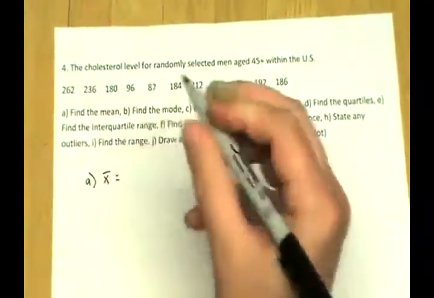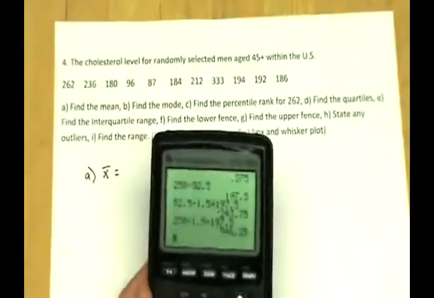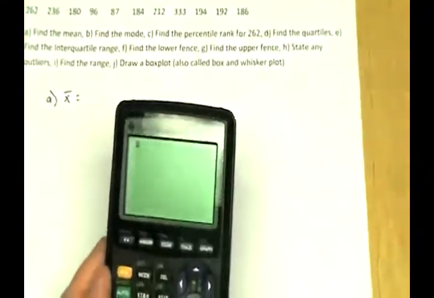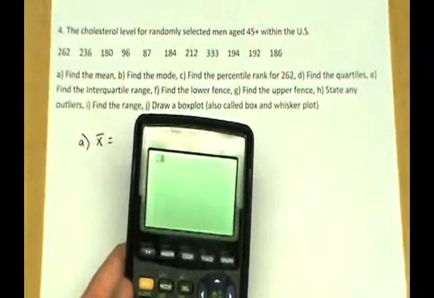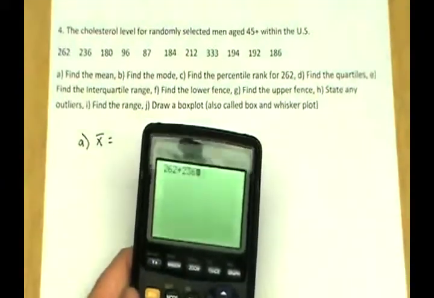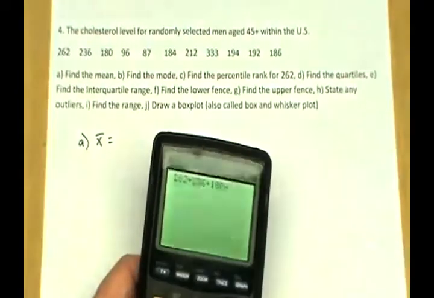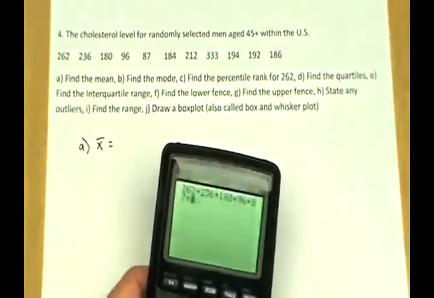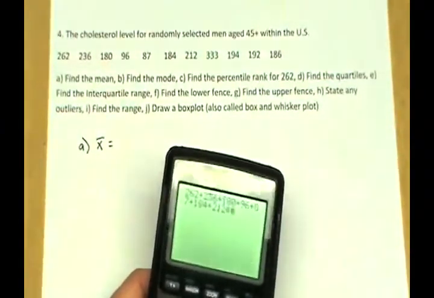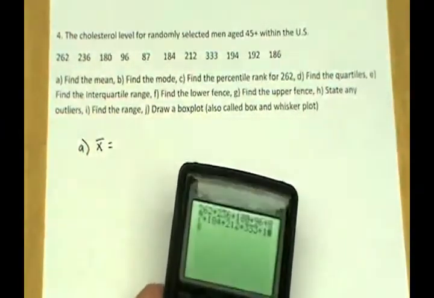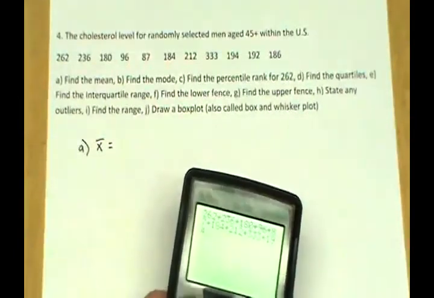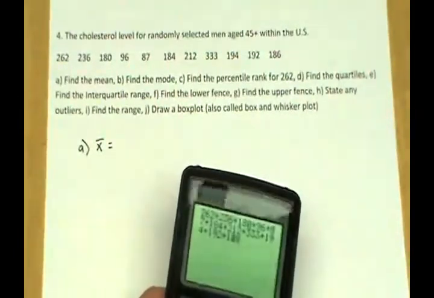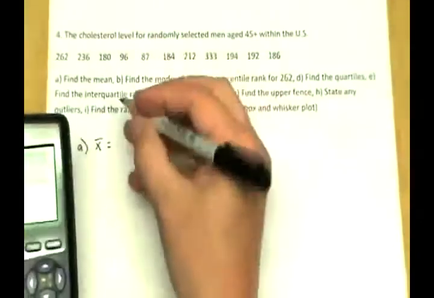So A, the mean. Okay, we're going to add this data set up. 262 and 236, 180, 96, 87, 184, 212, 333, that's a high one, huh? 194, 192, and 186. Okay, so we're looking at a total of 2162.